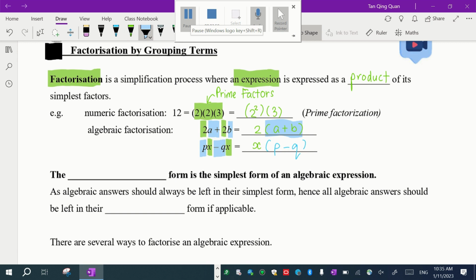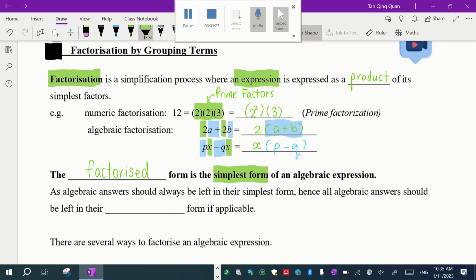Okay? So as you can see, it is important to take note that the factorized form is the simplest form that we could obtain out of an algebraic expression.